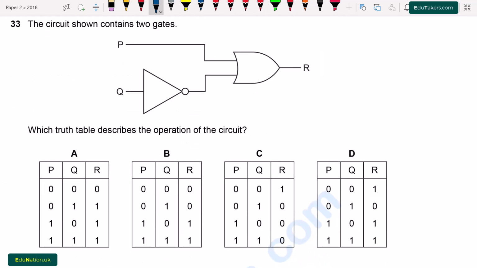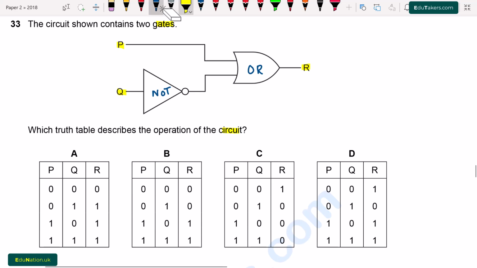Question number 33. The circuit shown contains two gates. There are two gates. First of all, this is NOT gate, while the second one is OR gate. It has two inputs, P and Q, and a single output R. Which truth table describes the operation of this circuit? So we have to guess which one of the truth tables is correct for this circuit.